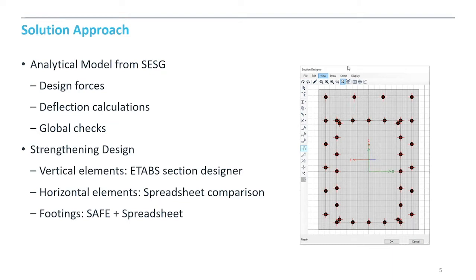For vertical elements, columns and shear walls, we used ETABS section designer, as you can see here. This was the original column, and we just extended it towards the left, right, or wherever was permissible.